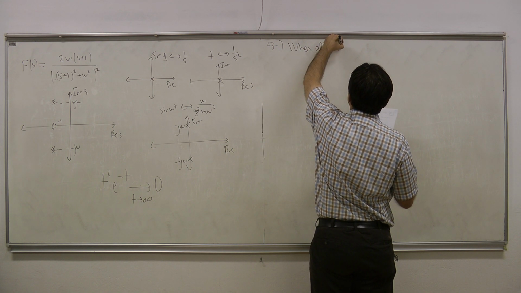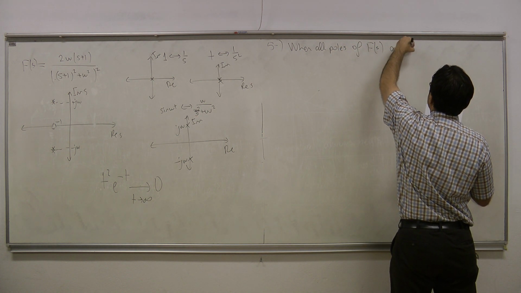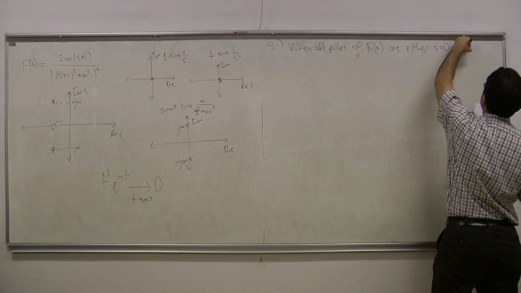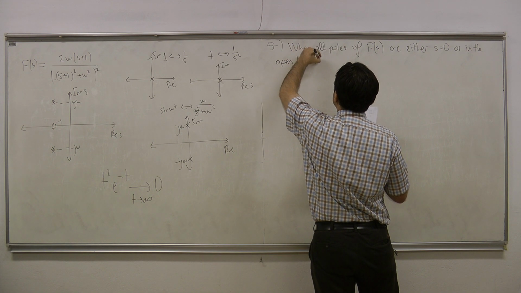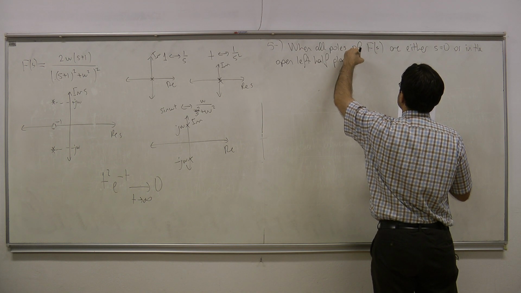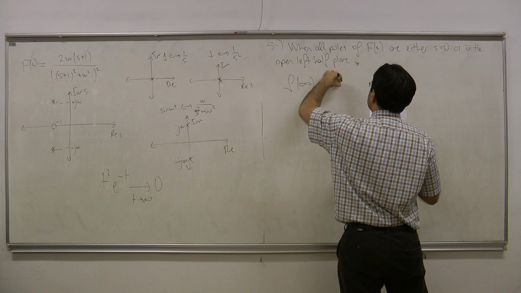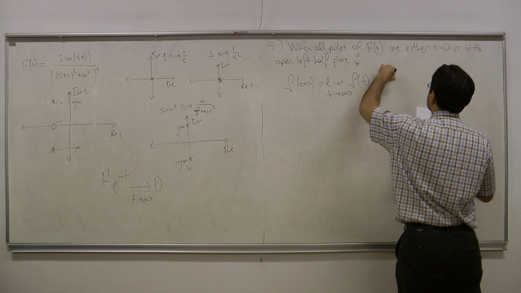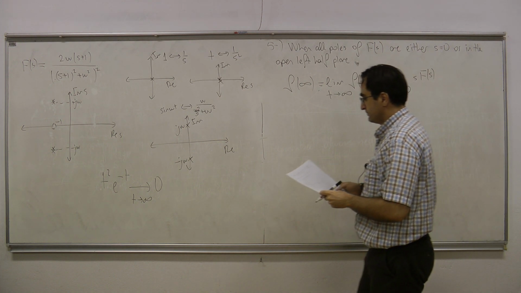When all poles of F of s are either s equals to 0 or in the open left half plane, we have the following. F of infinity, which is the limit as t goes to infinity of f of t, is equal to the limit as s goes to 0 of s times F of s.